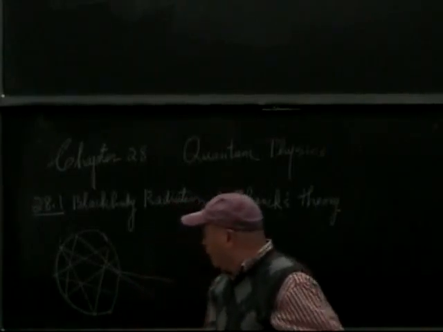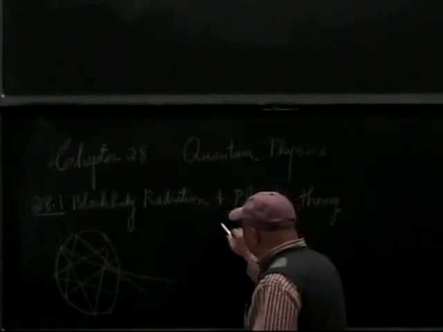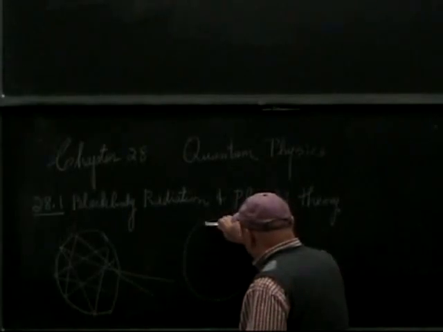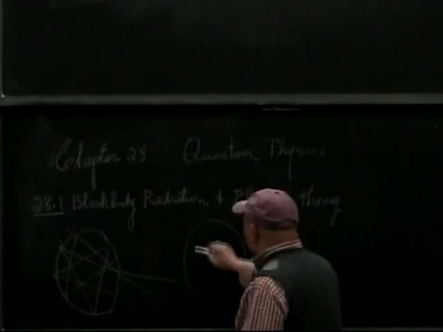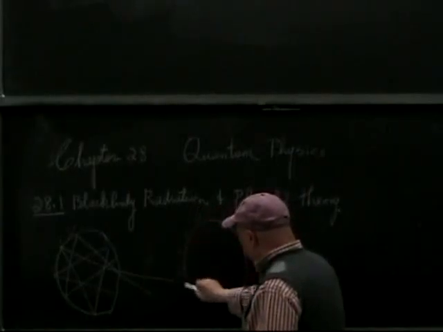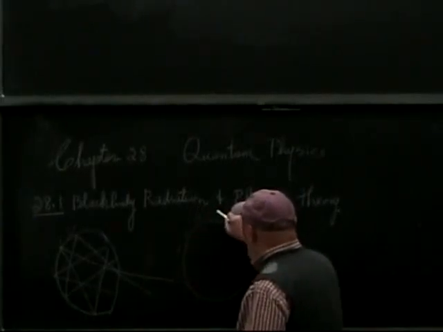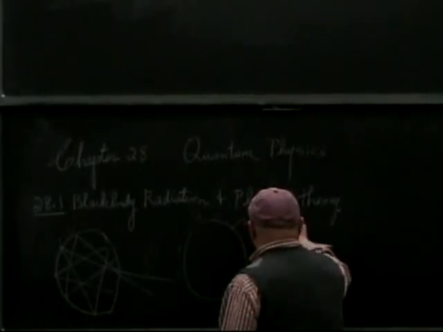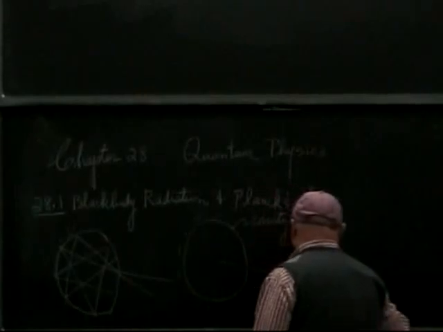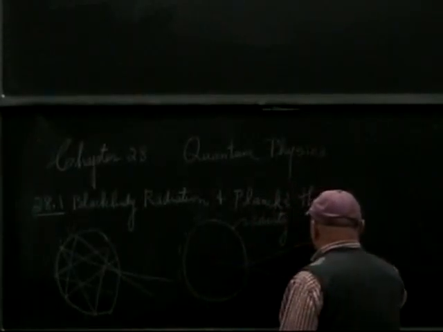Suppose the black body is a complete sphere with a hole in it. You heat up this cavity, and it will emit photons coming out.